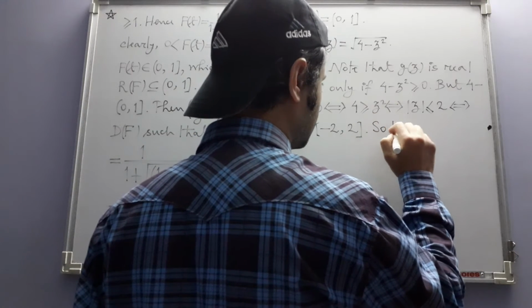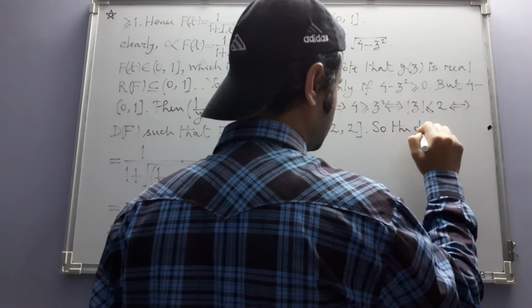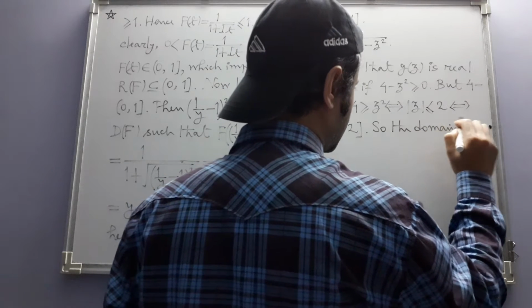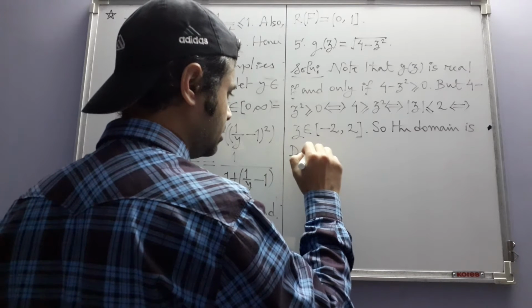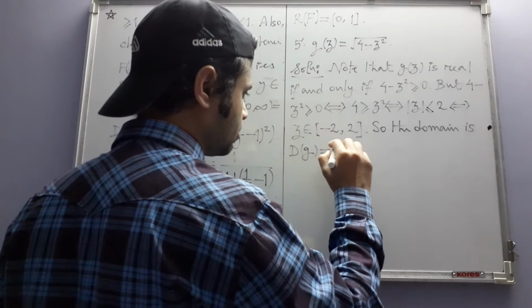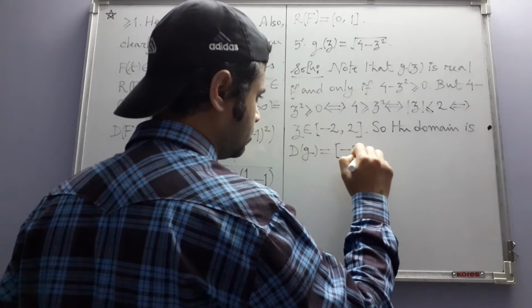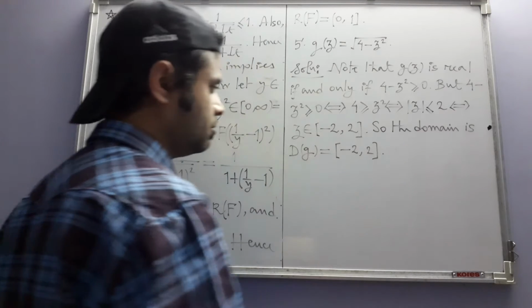So in this case the domain is d of g equal to minus 2 comma 2.